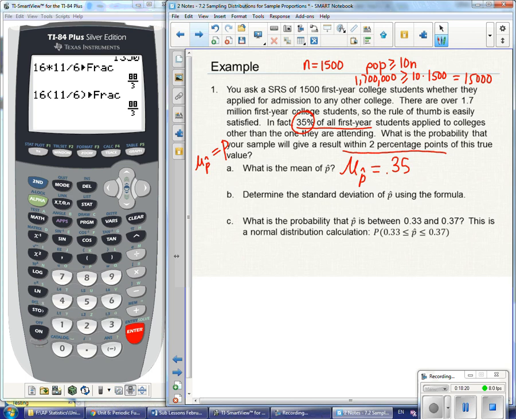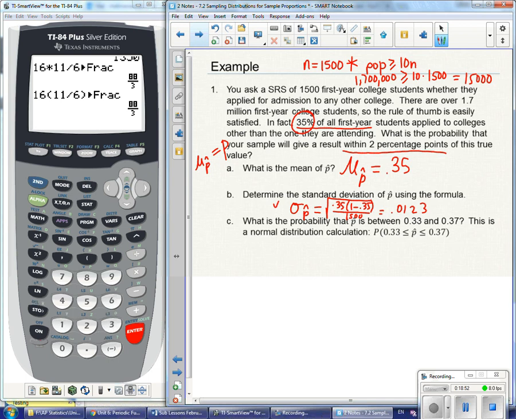If I want to calculate the standard deviation, I'm going to use my formula where we have the square root of p times 1 minus p over n, which is 1,500. And that ends up being 0.0123. Now remember, in order for me to use that formula, this condition has to be met, and so it's met.